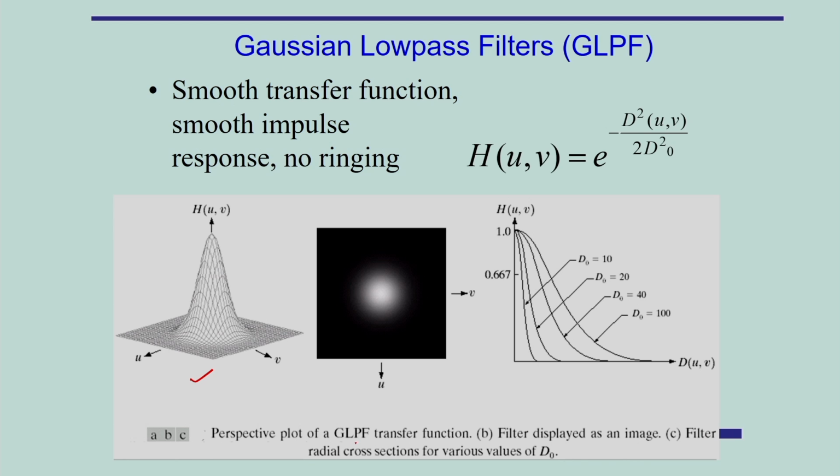The second one is the filter displayed as an image, and after this I am showing the Gaussian low pass filter for different values of D naught: 10, 20, 40, 100 like this. For different values of D naught, I am showing the filter radial cross sections.